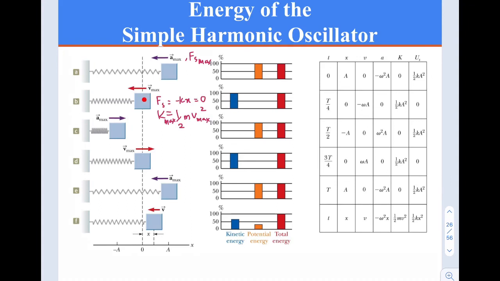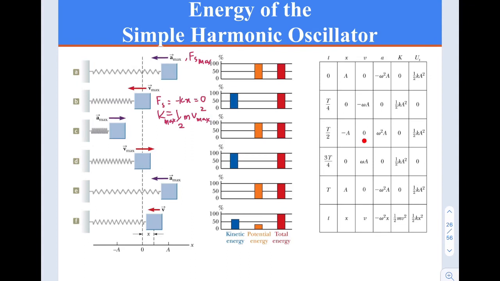And then due to the conservation of momentum and the law of inertia, even though the Fs is 0, the block is still going to proceed to the left until it reaches negative A position and stops for a moment. And then after that, when it stops for a moment, the V is going to be 0.